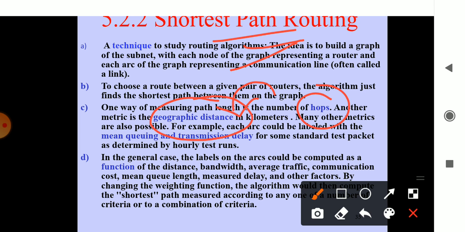So it doesn't mean that only this path is followed. Multiple paths may be there. If one path fails, it may follow another path, through which it may deliver the information to the destination. Here, the main aspect in shortest path is that it may consider the queuing part and the transmission delay.